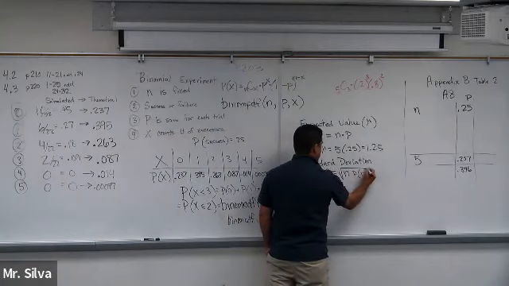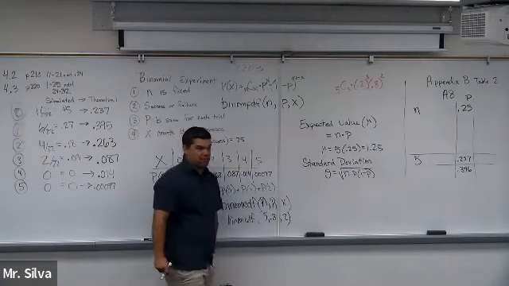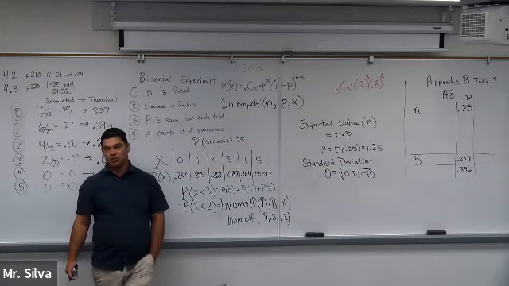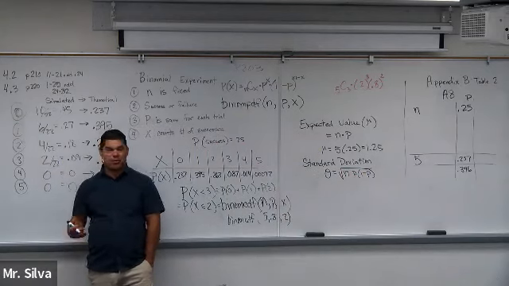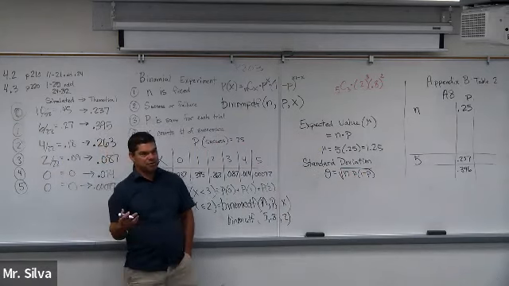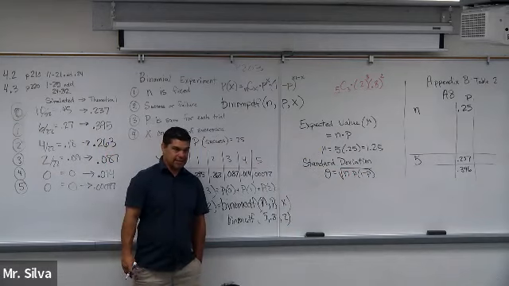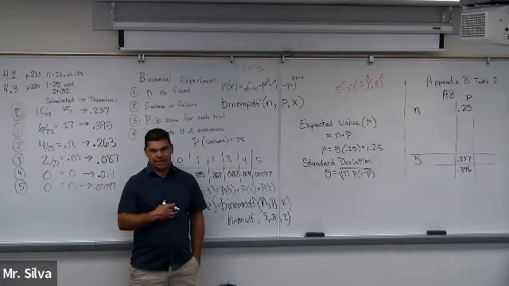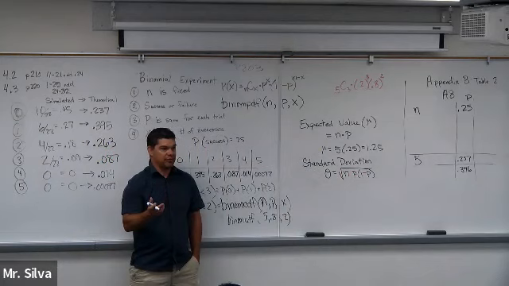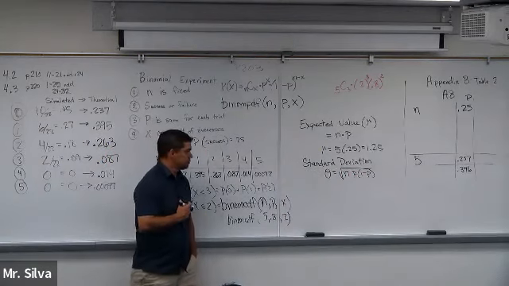Whenever you see Q, Q is 1 minus P. P is probability of success. Q is probability of failure. So you're going to multiply your sample size, N, times the probability of success times the probability of failure. That gives you the variance. And then we square root to get standard deviation. To go from standard deviation to variance, you square. To go from variance to standard deviation, you square root.